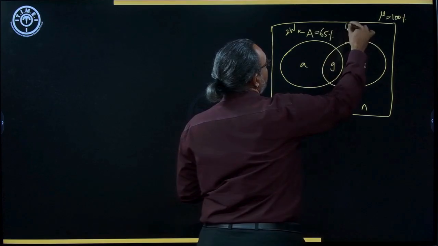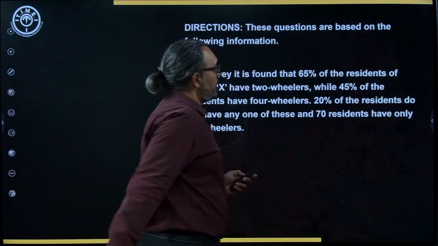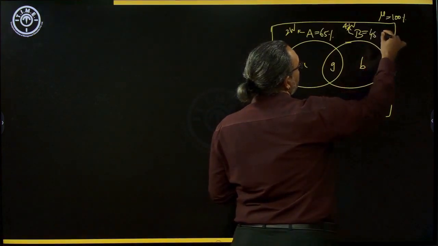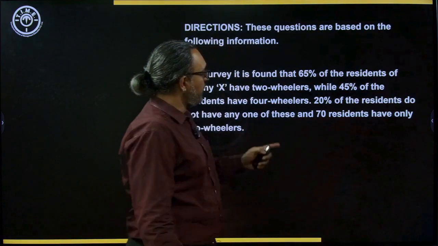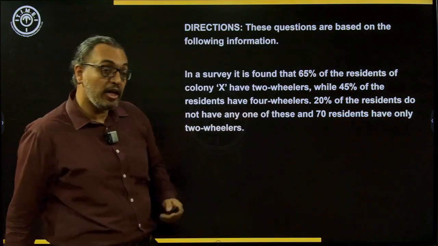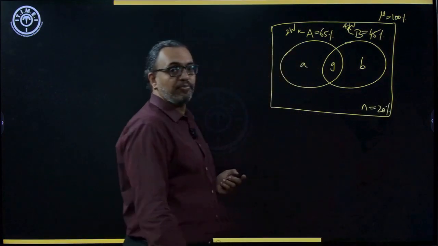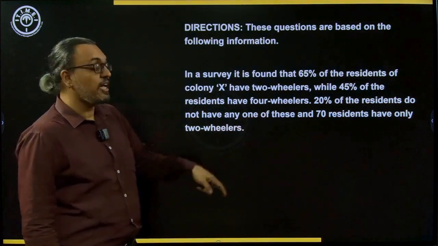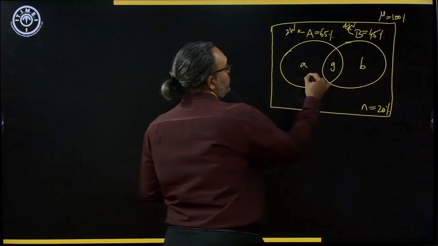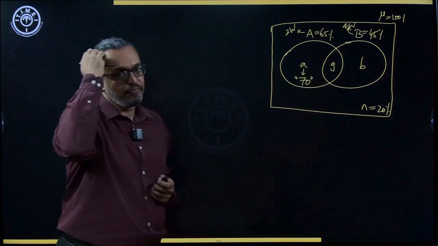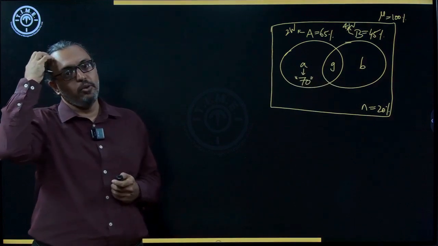Then let's say capital B is four-wheelers. And he says 45% of the residents have four-wheelers. So capital B is 45%. And then he says 20% of the residents do not have any of these. So N value is given 20%. And then 70 residents have only two-wheelers. So small a value is given as 70, not percentage, number.